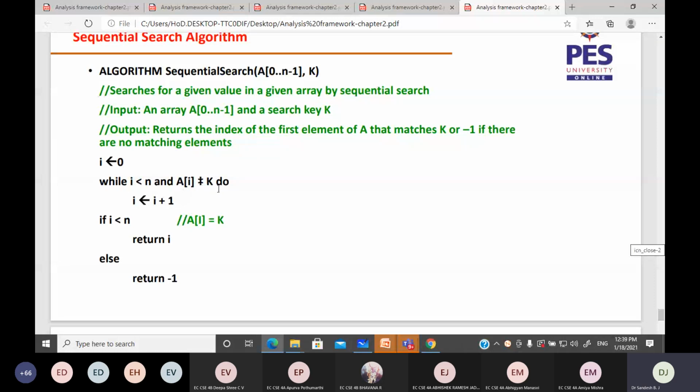If you exhaust the list, you will come out. If i is lesser than the number of elements, then you will return i. That means to say if the value of i is lesser than n, you found the element. If i reaches n, that indicates that you are not able to find the element, then you return -1.